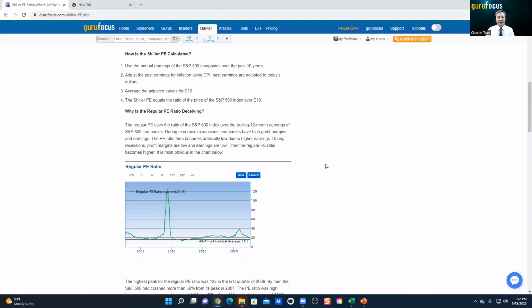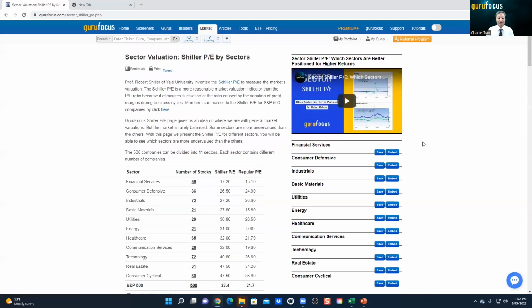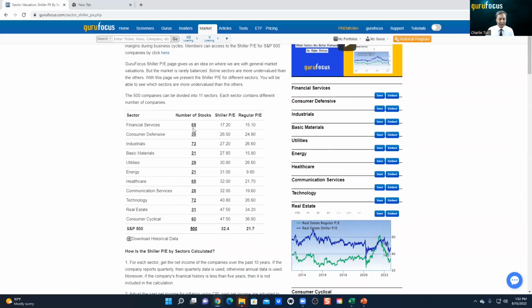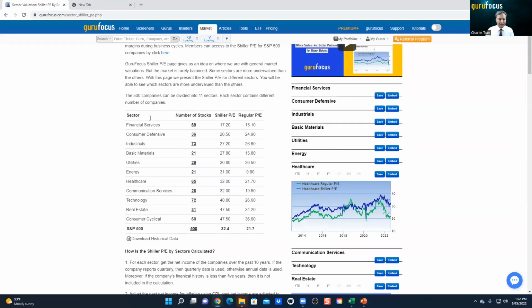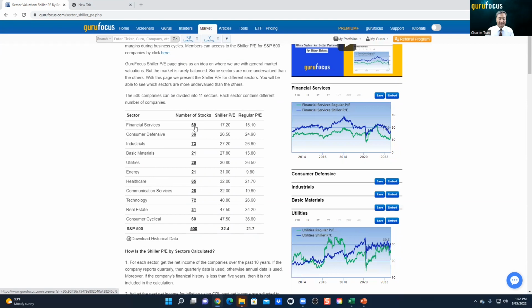We extended this concept to sectors. That's done by us, by GuruFocus. If you look at this table, these are different sectors, with the number of stocks within the S&P 500 for each sector.